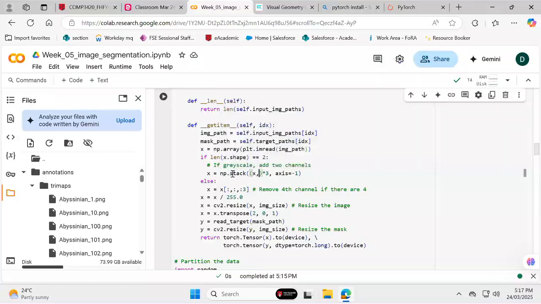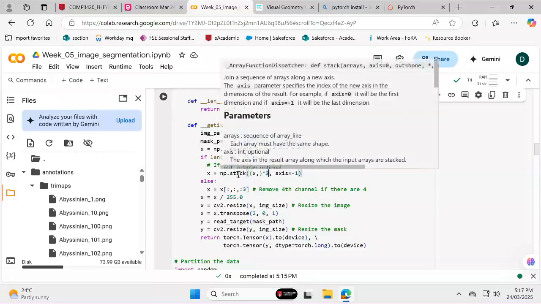The NP stack is going to stack the same values again and again, twice. So you get basically the 2 extra channels so that it is grayscale, but the same value for red, green, and blue, right?